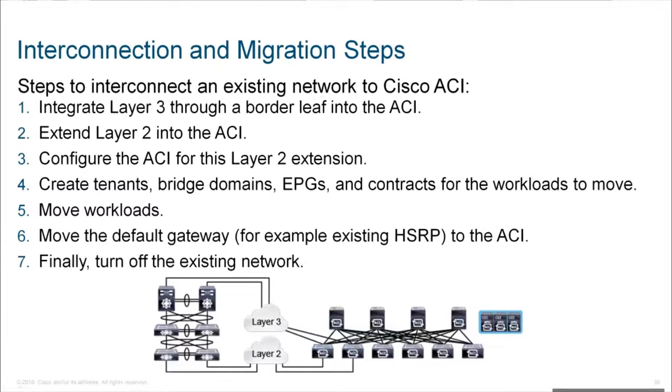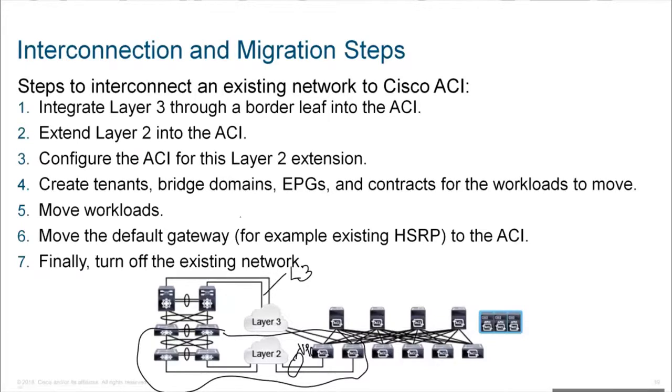So if you're going to have the applications migrate, some components of the application migrate, establish a layer 2, probably a VPC, and then a layer 3 to connect to other networks.